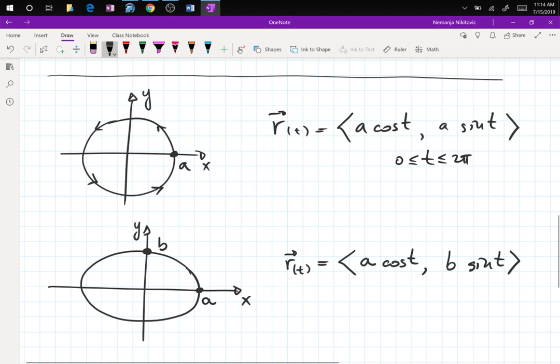So if the values in front of cosine and sine are not the same, you get an ellipse. t is still stuck between 0 and 2 pi. And the orientation is still counterclockwise because cosine is first and sine is second. Swap them, and your orientation in the ellipse changes.